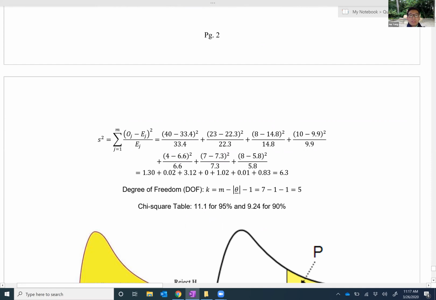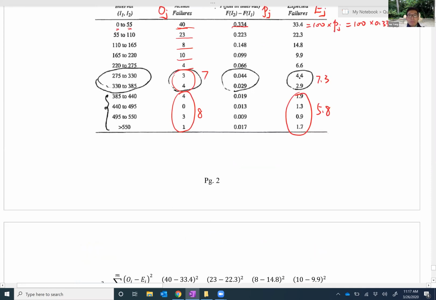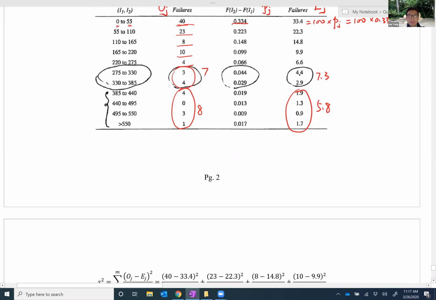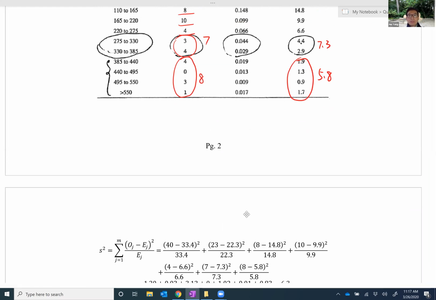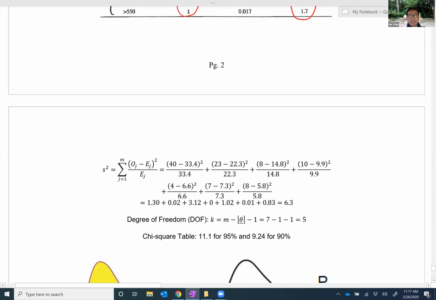So the first bin is 40 minus, not 300, it's 33.4, okay? And then the second bin is 23 minus 22.3. This is bin 1, bin 2, bin 3, bin 4, bin 5, bin 6, bin 7, okay?